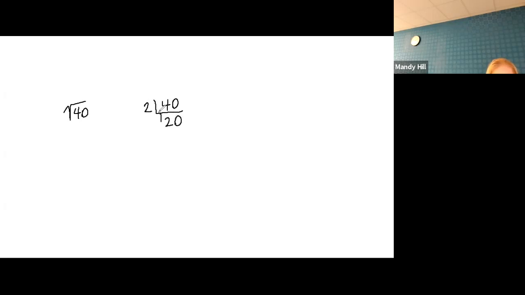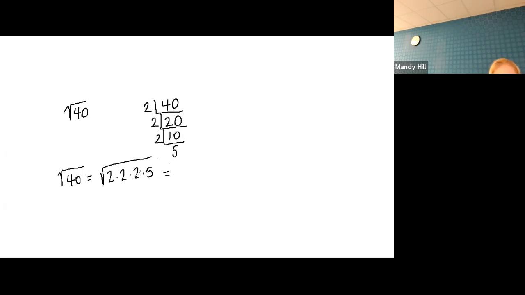The next one would be 3. 2 will work again. 2 will go into 10 5 times, and I can be done here because 5 is prime. Only 5 and 1 go into 5. So what that tells me is that the square root of 40 is equal to the square root of 2 times 2 times 2 times 5.